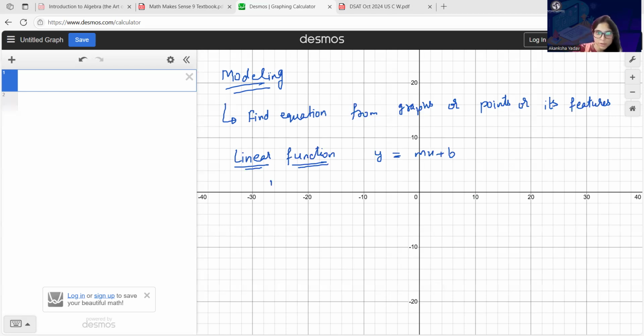Either 2 points should be given to you, or slope is given to you and 1 point is given to you.